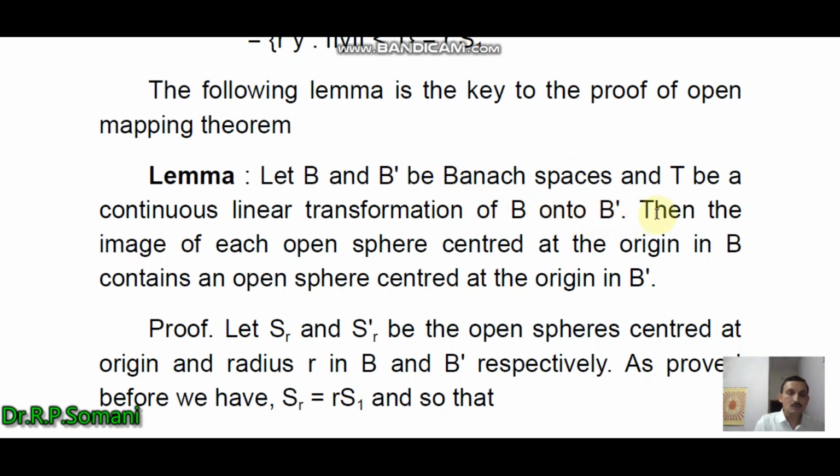Then the image of each open sphere centered at the origin in B contains an open sphere centered at the origin in B'. So this lemma tells us that if we have an open sphere centered at the origin in B, then its image will also contain an open sphere centered at the origin in B'.